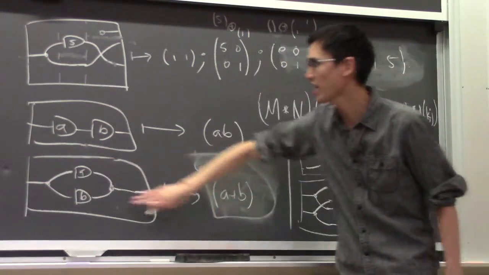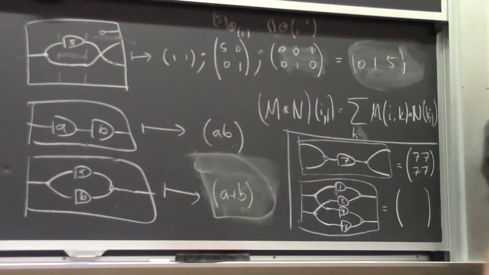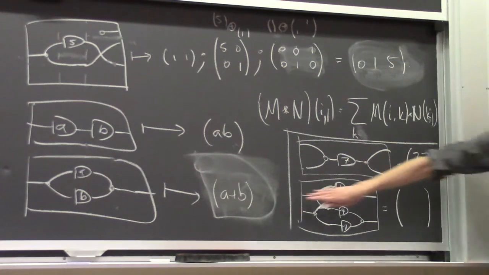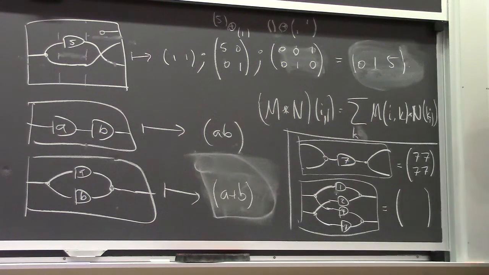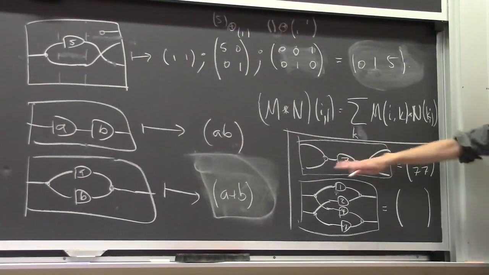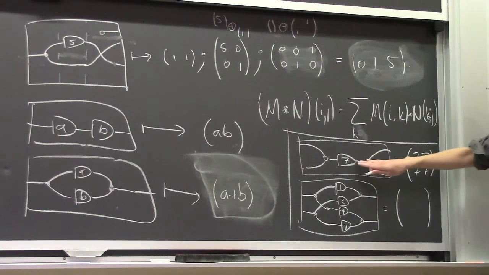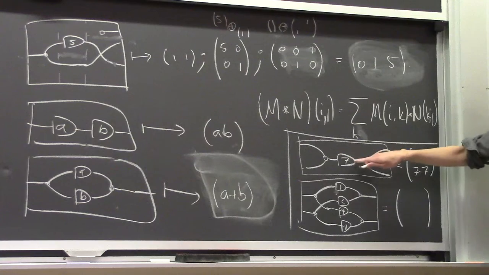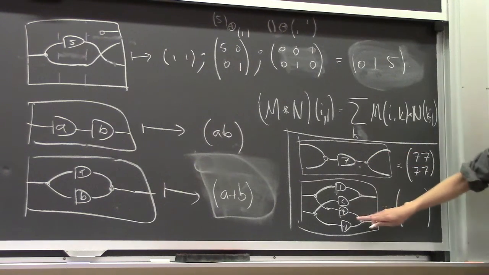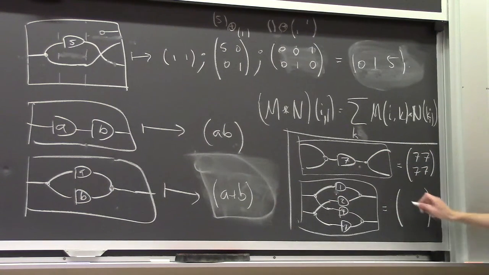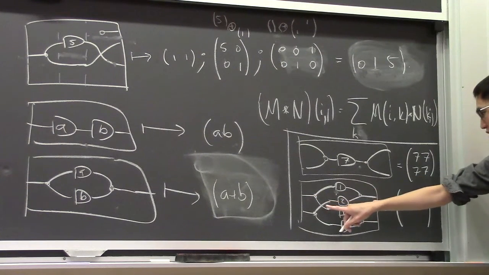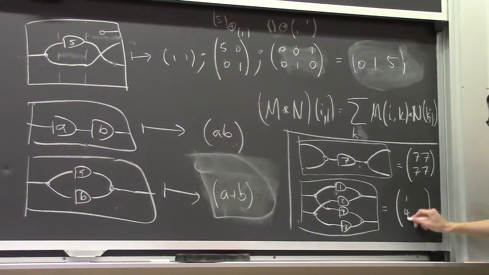This path gives you A, and this path gives you B. So the result is A plus B. And similarly here, you get all 7s because there's only a unique path between any 2 things, and you always run through the 7. So here, from the first input to the first output, there's only 1 path, and you get 1. From the first input to the second output, you get 4, and then you get a 2 and a 7.